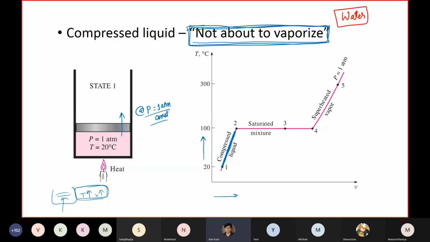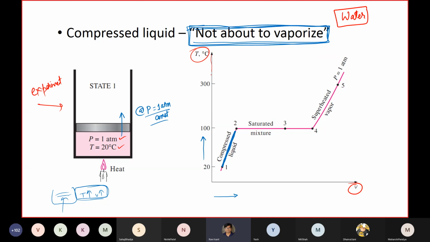what I will do is an experiment. In order to understand the fluid properties, let me do a quick experiment. In this experiment, I will keep the water at a pressure of 1 atmosphere, and the initial temperature was 20 degrees C. The temperature and the specific volume I am going to plot on this particular plot.